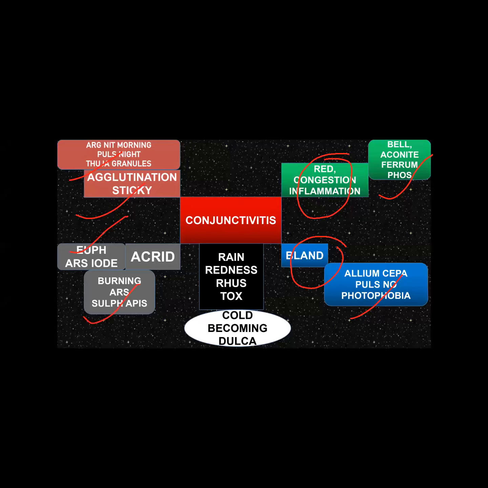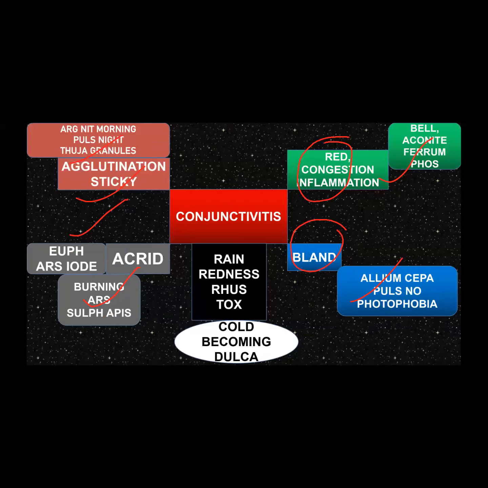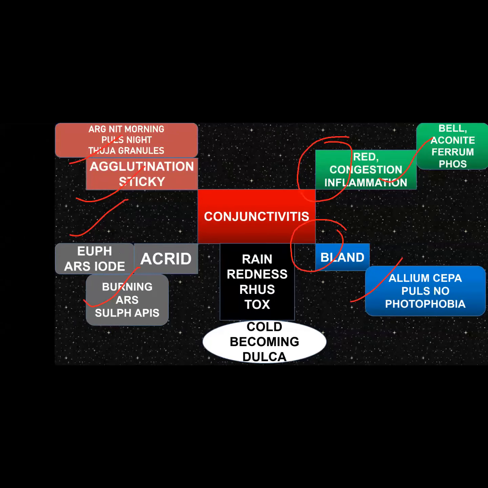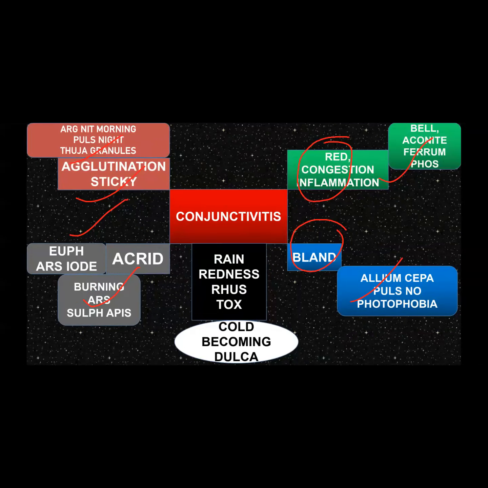Now, this is basically the rainy season in most areas of India. Somewhere there is excessive rain, or somewhere no rain, dry weather. So if the eye symptoms are coming due to the rain, then we are going to use rhus tox. And if the conjunctivitis is due to becoming cold, not due to the rain, then we are going to use dulcamara.